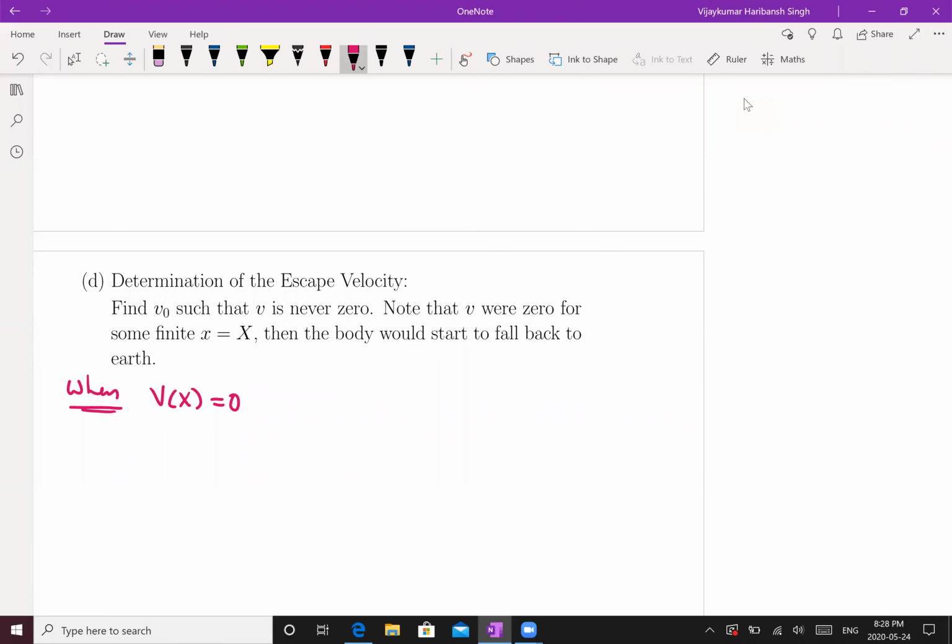We get x will be the maximum height you can get, right? So let's call it a max, where a stands for altitude, the max altitude. Then in that case, we can solve for this.